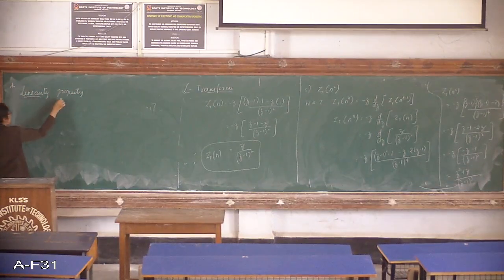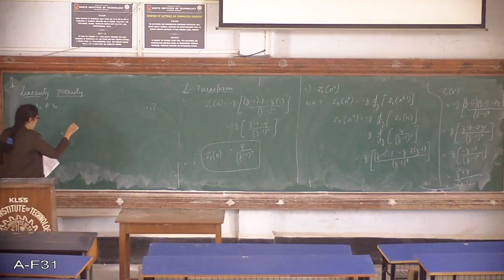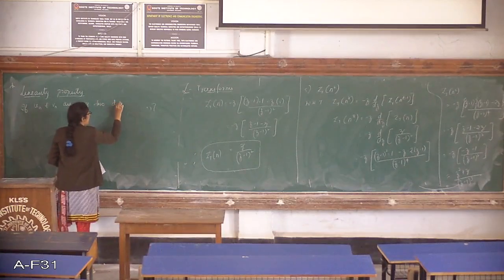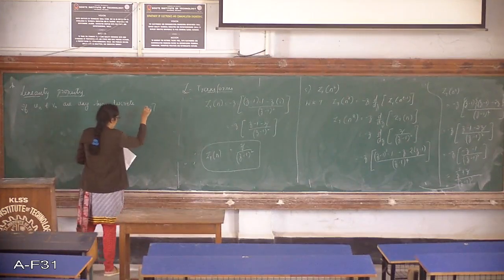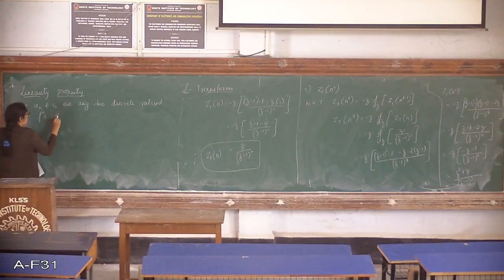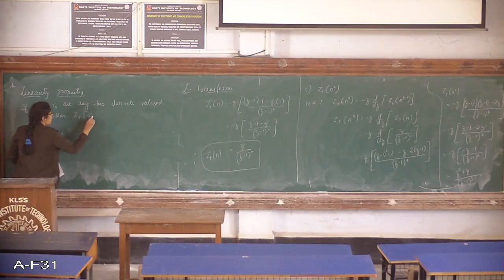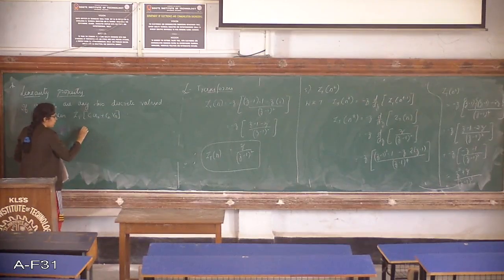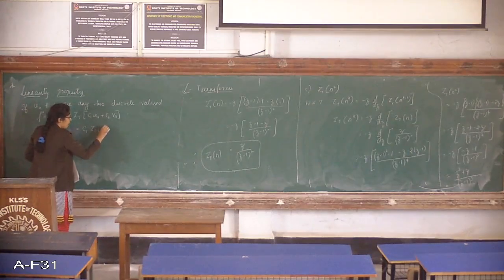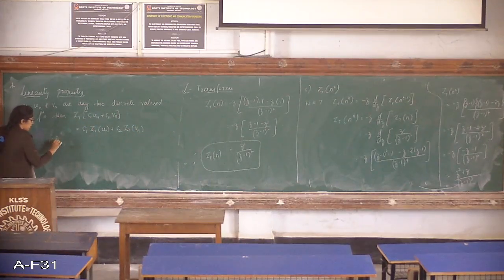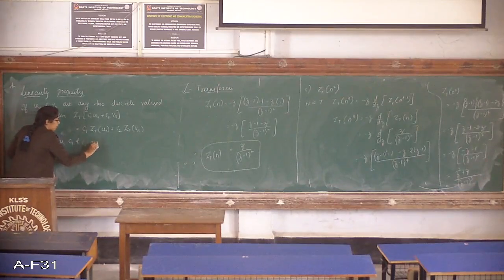This property states that if Un and Vn are any two discrete valued functions, then Z transform of C1 Un plus C2 Vn can be written as C1 Z transform of Un plus C2 Z transform of Vn, where C1 and C2 are the constants.